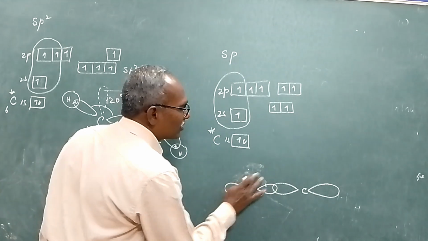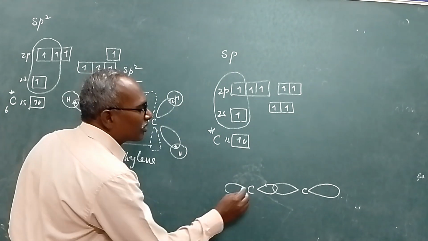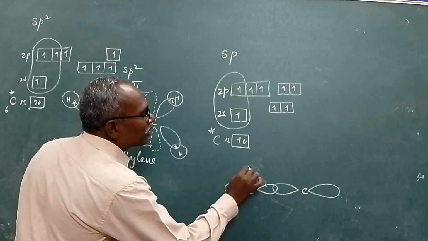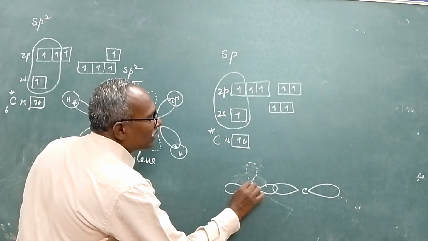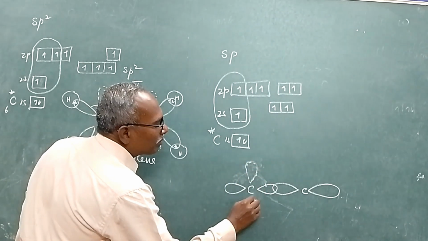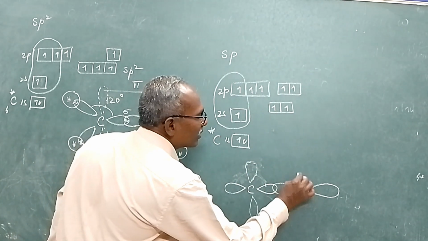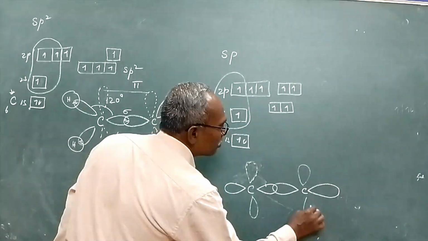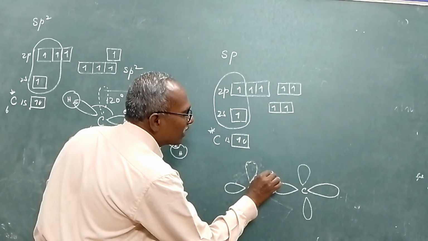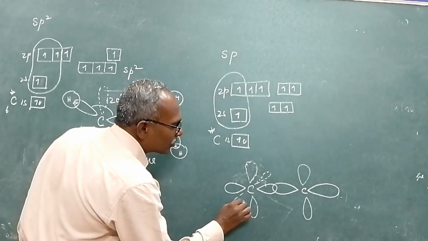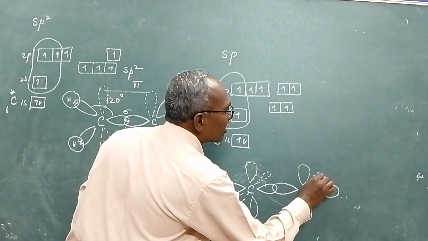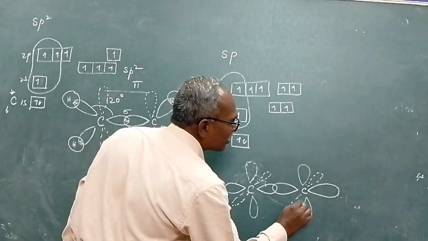But in this case, what happens? The unhybridized p orbitals are perpendicular. The one which is in the plane of the blackboard is perpendicular, and the one which is perpendicular to the plane of the blackboard is also perpendicular. So these 2 perpendicular orbitals are unhybridized p orbitals.